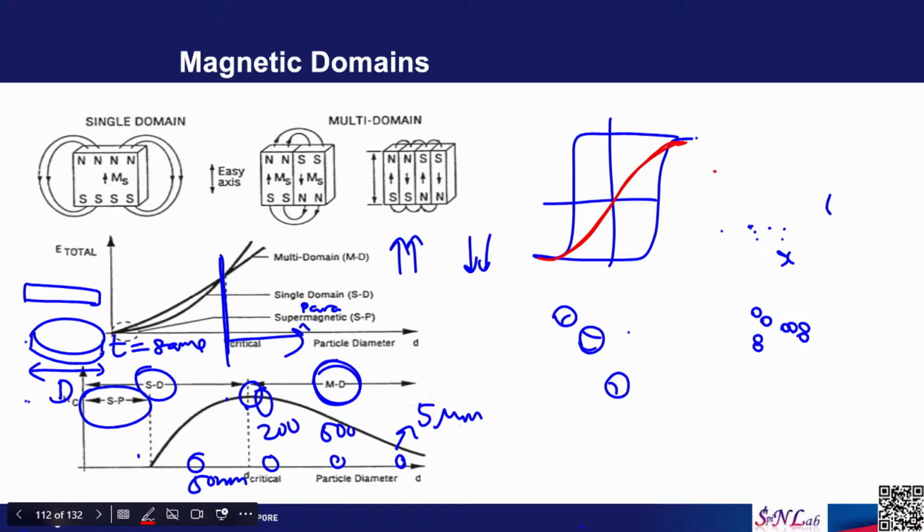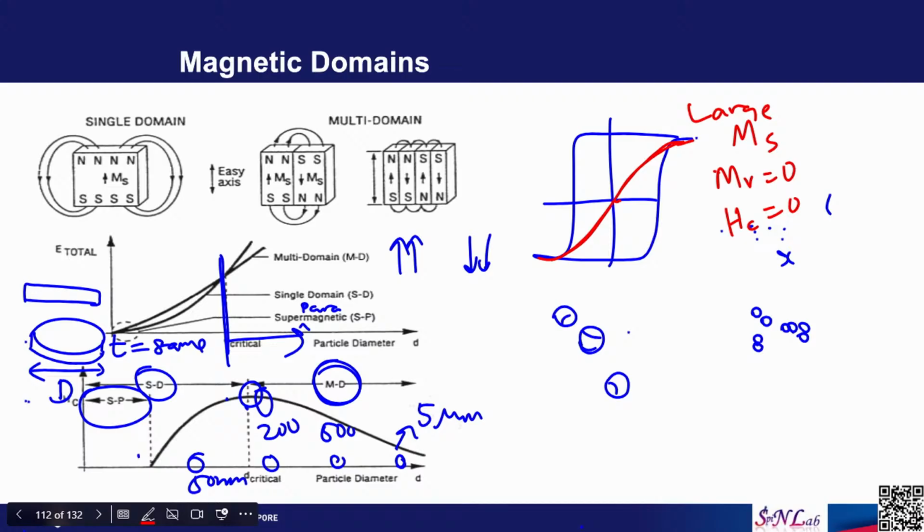Okay, you can see the super paramagnetic particle still has a large MS. They have a large MS, but they have 0 remanent magnetization and coercivity is 0.